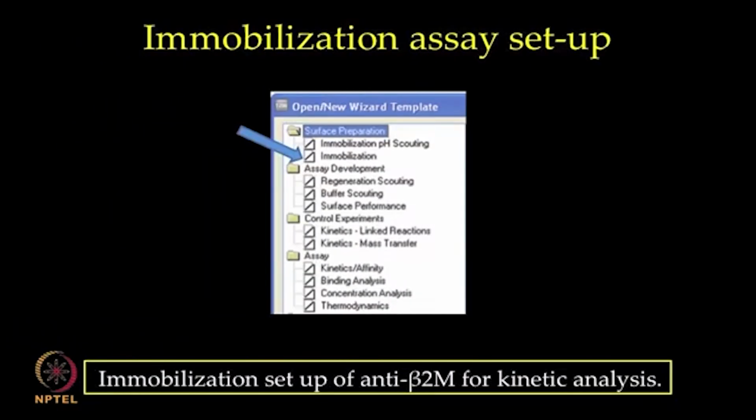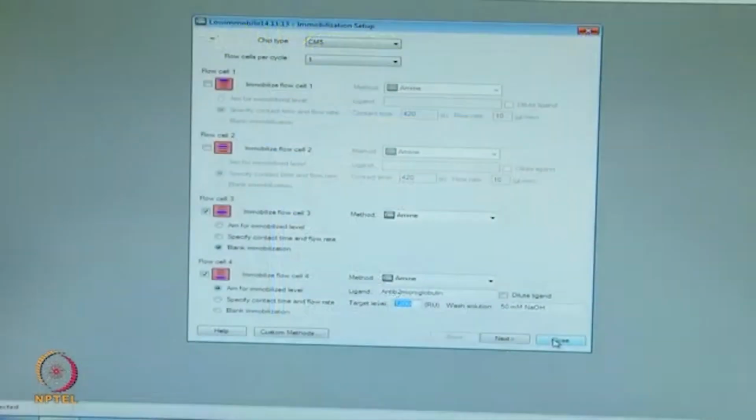We will start with a low immobilization protocol set up for anti-beta 2 microglobulin, as a lower immobilization level will be beneficial in this kinetic interaction analysis. We have to redo our immobilization.